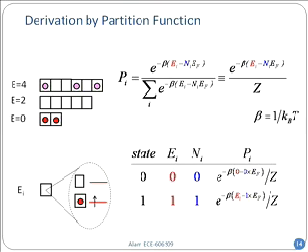And if I insert it in my partition function, you will see I'll put E_i equals 0, N_i equals 0. So the numerator is e to the power 0, and that's 1. So the formula P_i for the state being 0 is 1 over Z.